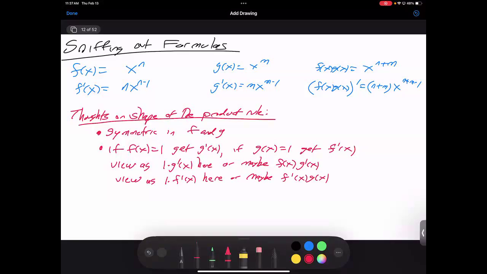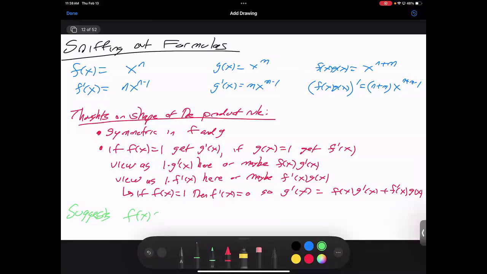And note, if f of x equals 1, then f prime of x equals 0. So g prime of x would be f of x g prime of x plus f prime of x g of x.